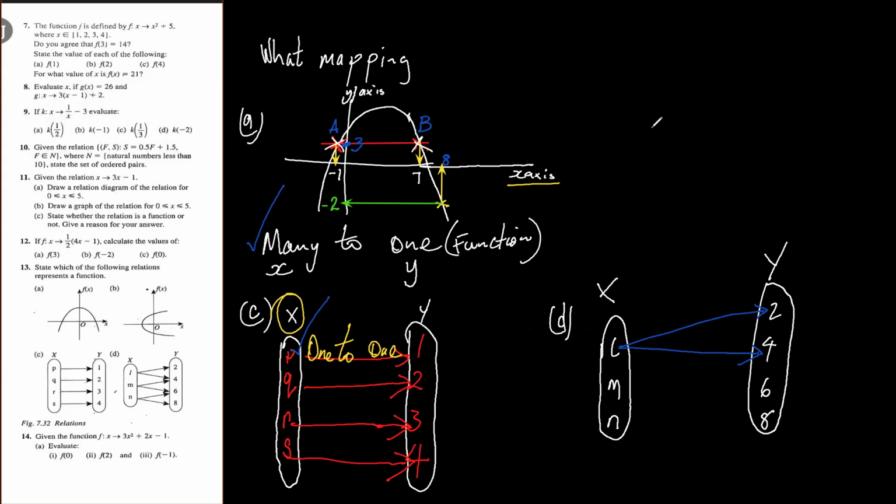It's 1, which is the L, and it's going to 2, and it's going to 4. So that's 1 going to many numbers. One element, it's a letter, so we call it an element, going to many.